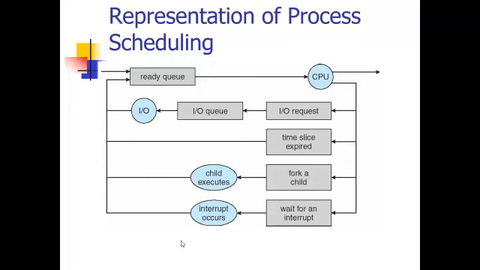For example, I want to save the file, or I want to copy the data from one file to another file, or I want to take a printout. So those are input output operations. So based on that, the CPU will stop its execution. So you can see the first situation that we consider is the input output request, then it goes to the input output queue or the device queue.